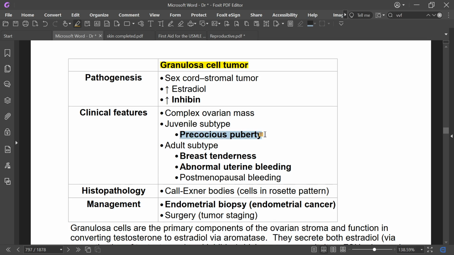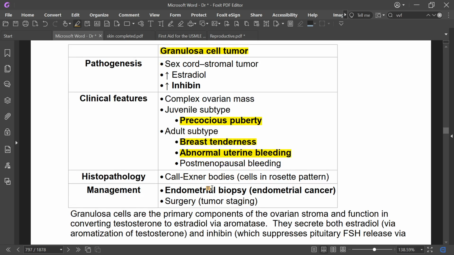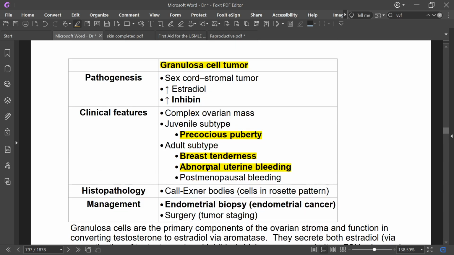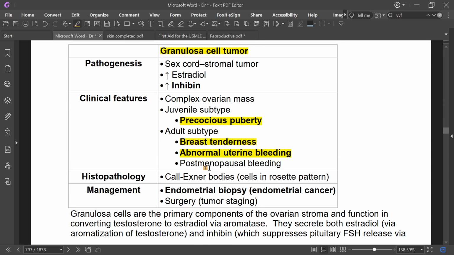In the juvenile subtype, there may be precocious puberty, and in adults breast tenderness and abnormal uterine bleeding may be found. Call-Exner bodies are seen histopathologically, and endometrial biopsy should be done. So if a patient comes with precocious puberty, breast tenderness, or abnormal uterine bleeding, look for increased estrogen and increased inhibin, and look for this type of tumor.